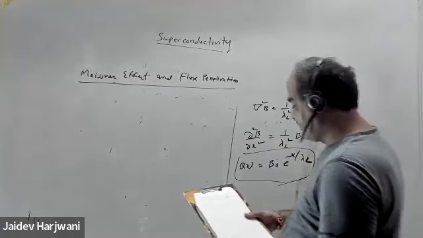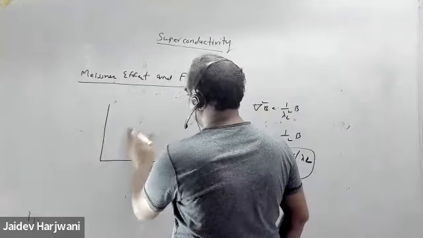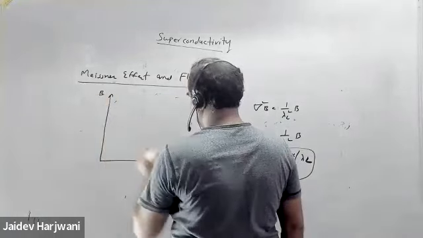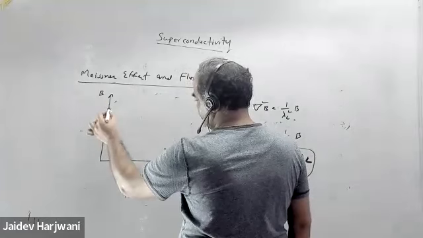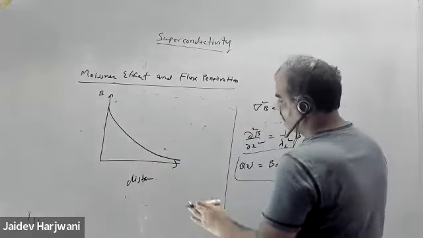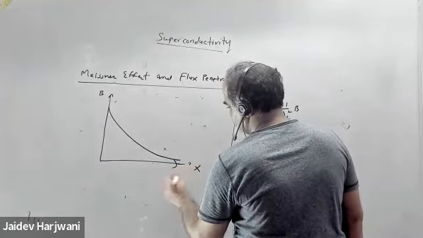Okay, so if I draw this curve, I have B versus distance inside the superconductor. This is falling like this, falling with the distance. So this is the x direction, distance.